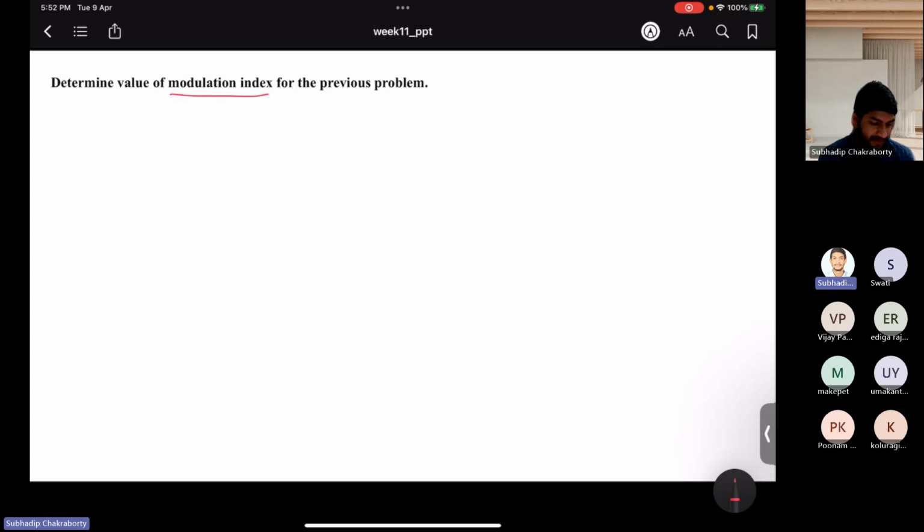So what is the definition of modulation index? Yes, any answer? If you are able to answer this, then you can solve the problem in one line, right?